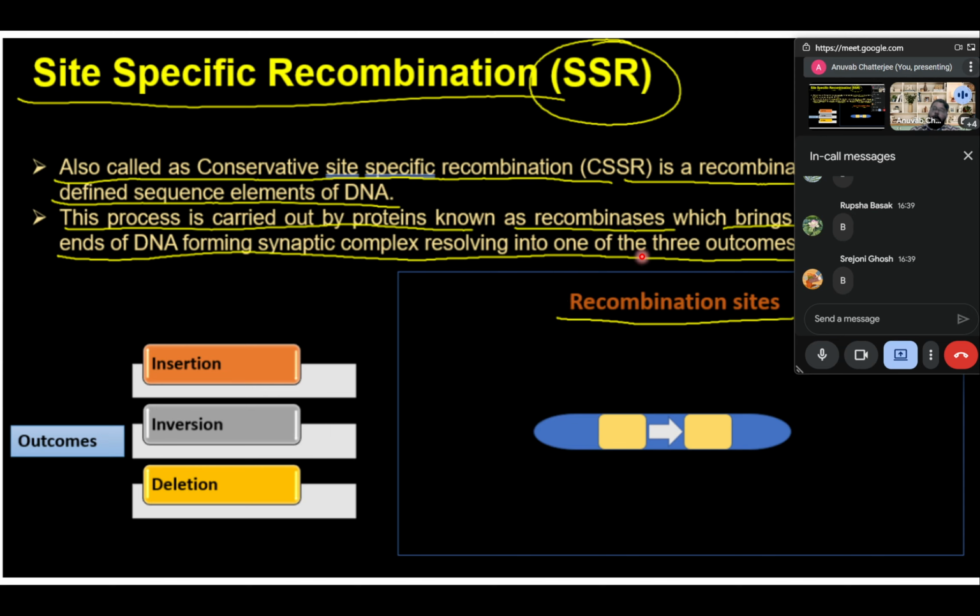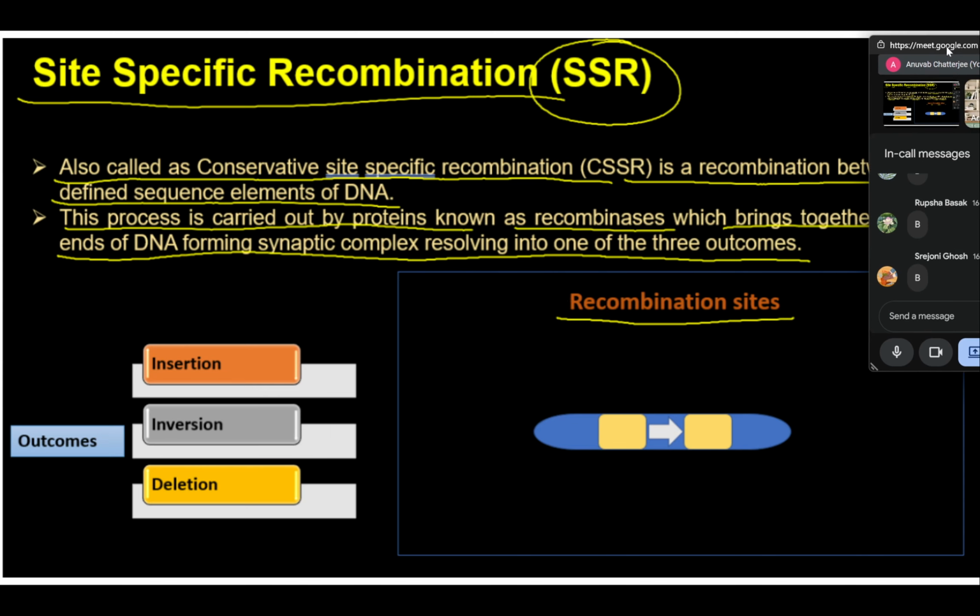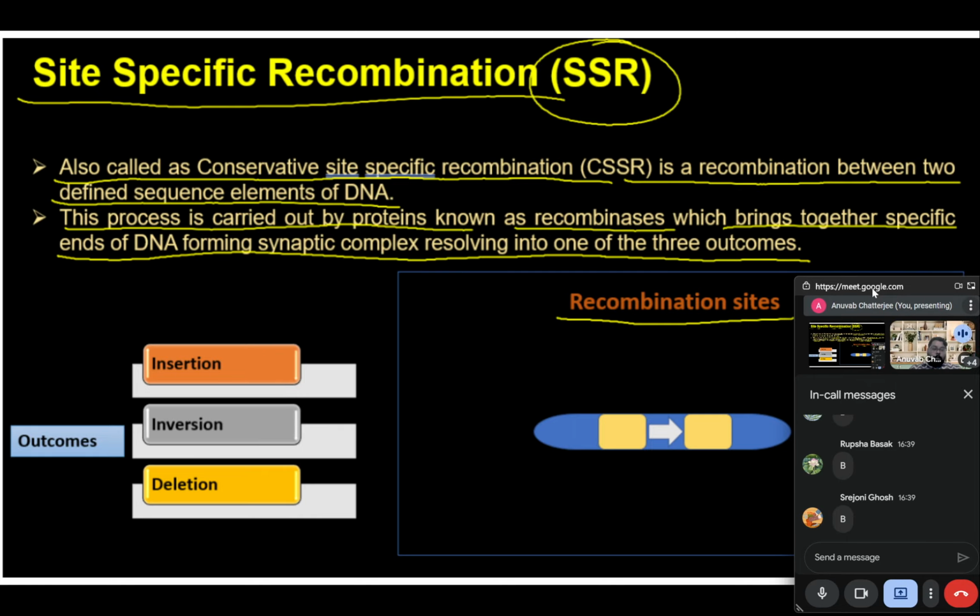So now we are going to talk about site-specific recombination, which is a different form of repair. This is also called conservative site-specific recombination, in which a defined sequence between the two DNA is used and recombined between the two strands. This process is carried out by proteins called recombinases.